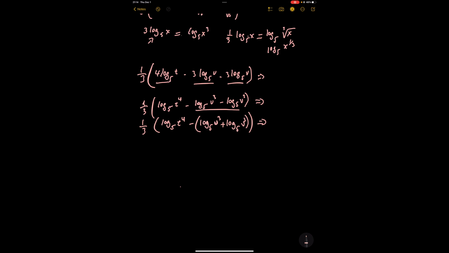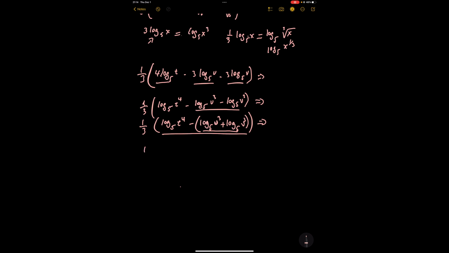But basically, what I did was I combined like terms because they are both negative. I put them together. That way I can see I have a division right here. So that now becomes a division, and this right here becomes a product property.